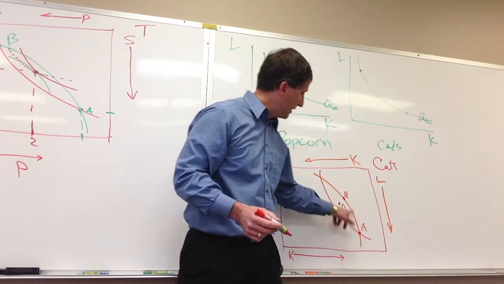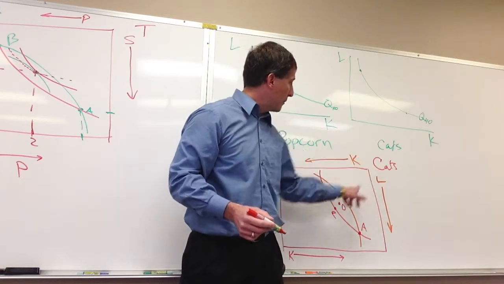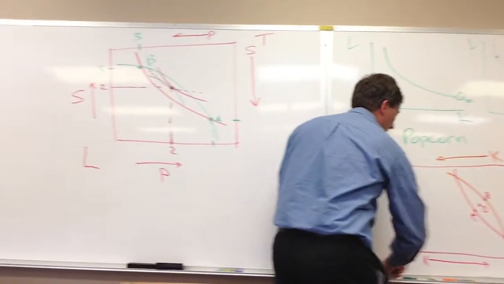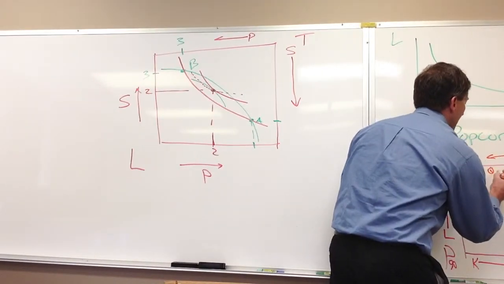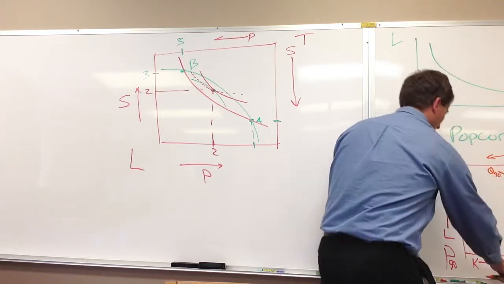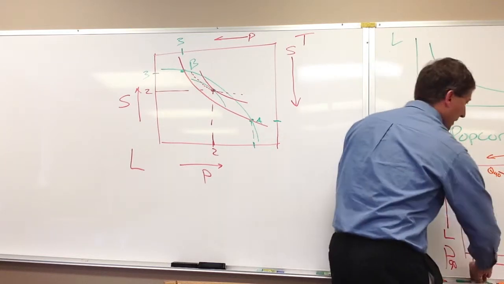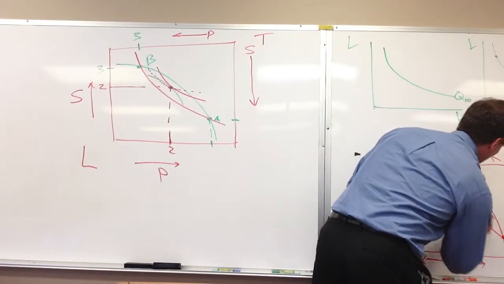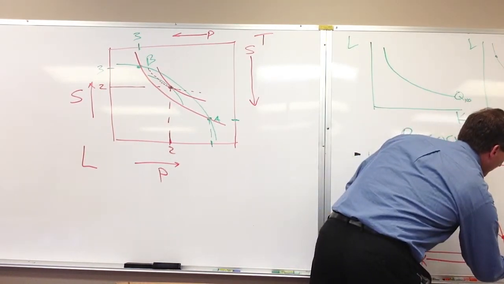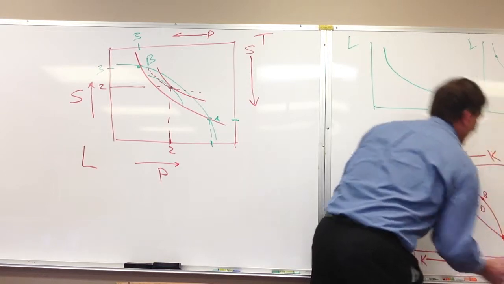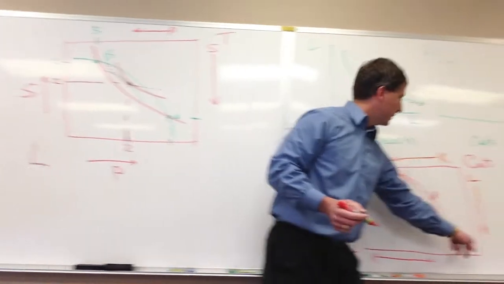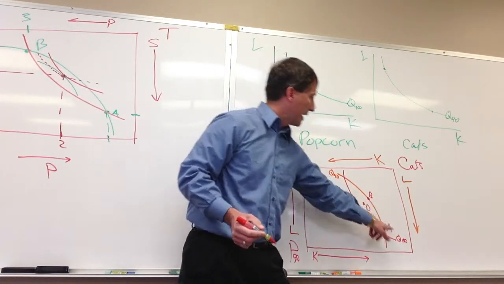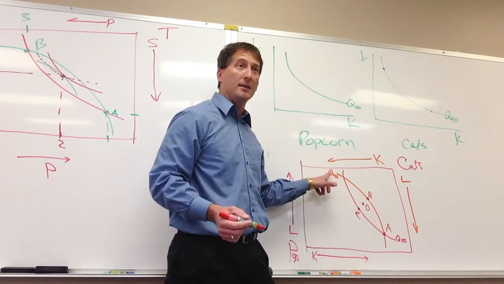On point B, we don't get any more cats. We still only have the quantity of cats equal to 40. And for isoquants at point E, if we have still popcorn sitting at 100 units, point B says we can have more popcorn and the same amount of cats.